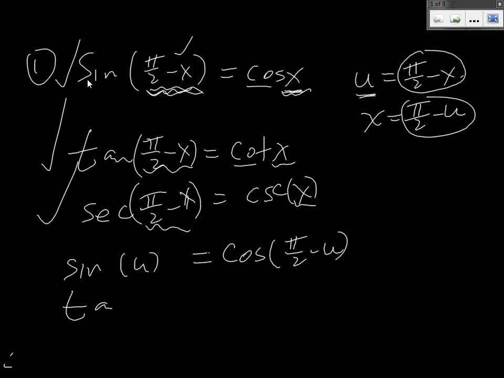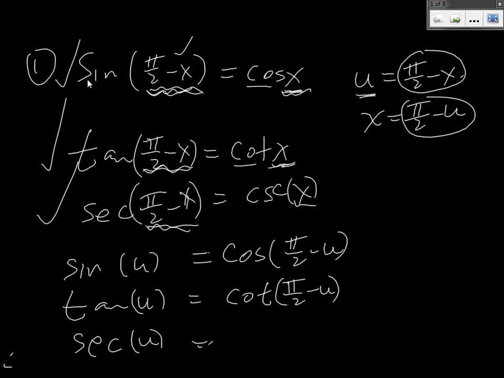And the tangent of u is equal to the cotangent of x, which is pi over 2 minus u. And the secant of u equals the cosecant of x, which is pi over 2 minus u.